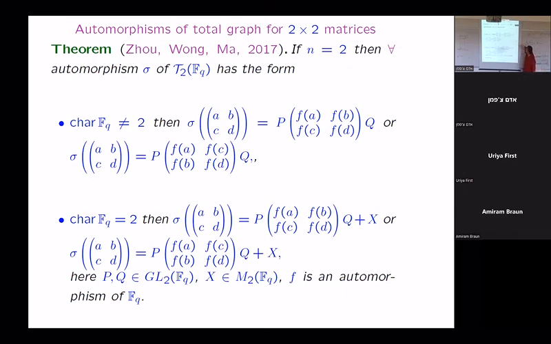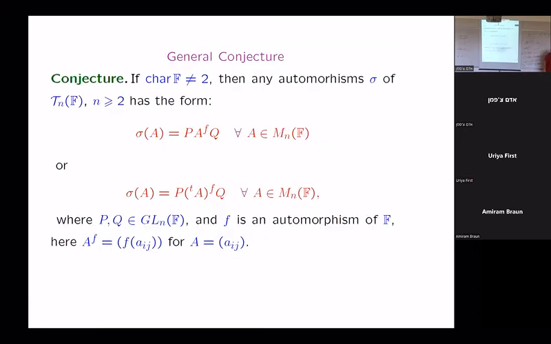For example, these results from some paper of linear and multilinear algebra use heavy machinery to prove even the 2 by 2 case. So for us, we decided to look at this problem as a preserver problem, as a problem about linear maps preserving some invariants. And it turned out that this was a successful approach.